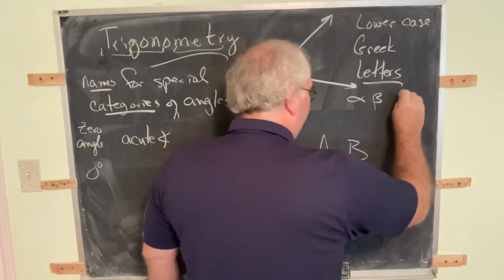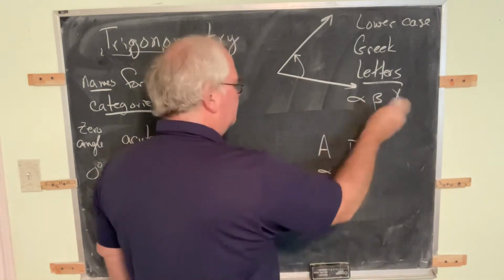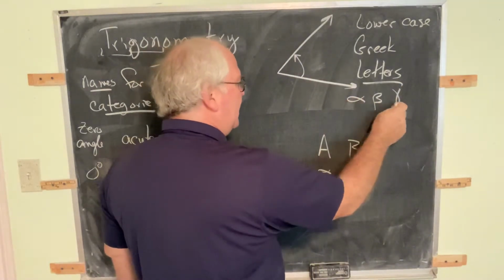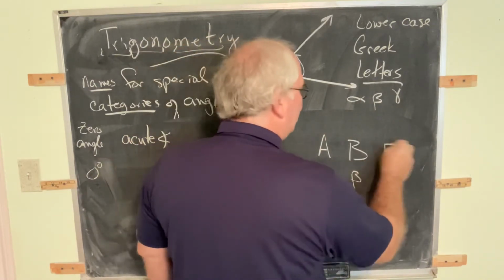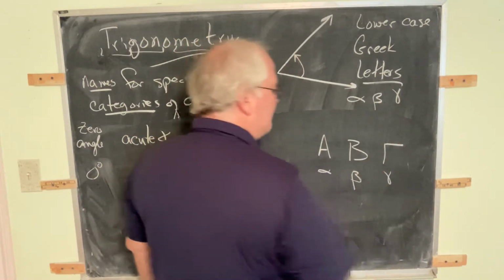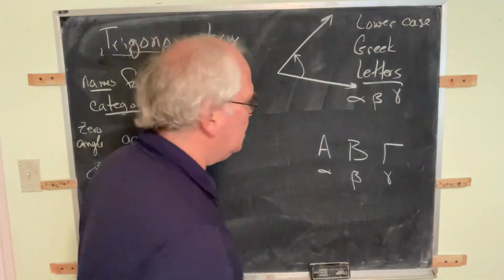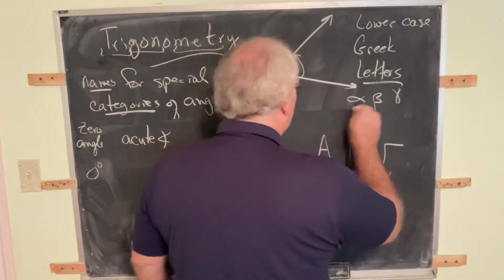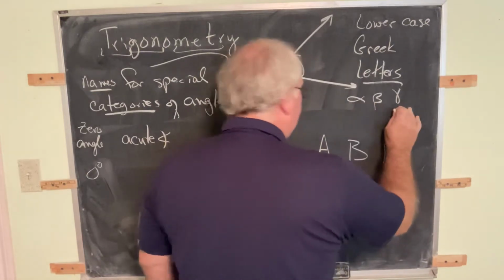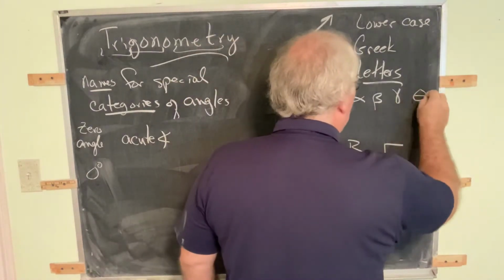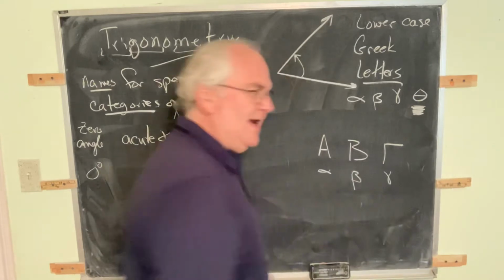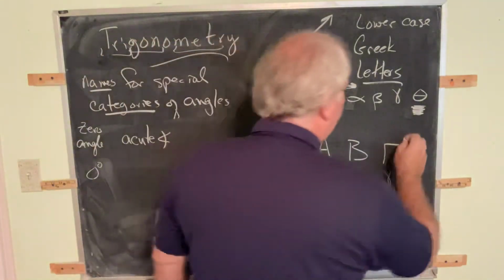And then very often we will use gamma. Gamma approximately looks like an alpha standing on its nose. Capital gamma looks like this. Lowercase gamma looks like that. Any other Greek letter can be used. The one that, even more than these three, is by far the most common is theta. So this is theta.